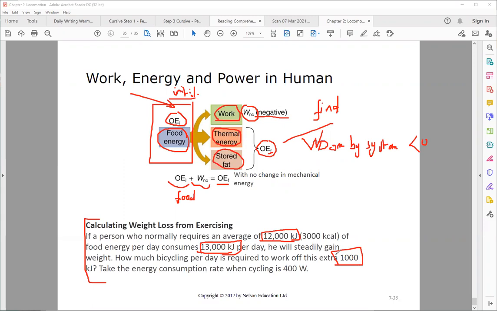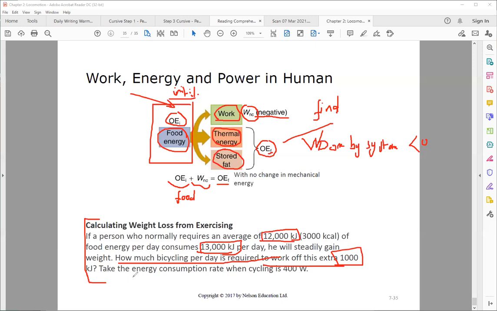Now, this extra 1,000 kilojoule, if it's not burnt, will be stored as fat. Now, we're asking you, how much bicycling per day is required to work off this extra 1,000 kilojoule?